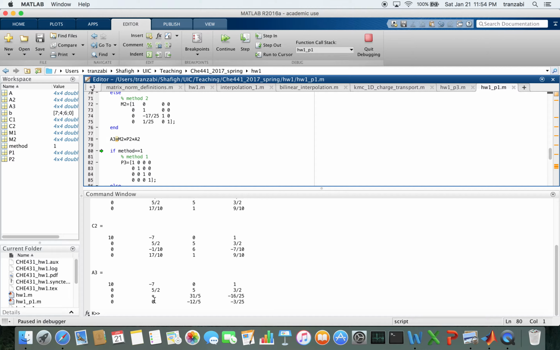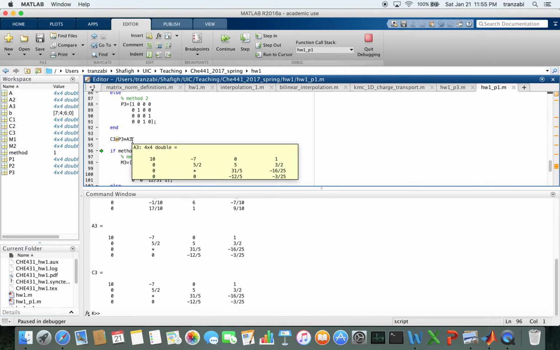Now we move on to the third column. We look for the maximum element, and fortunately the maximum element is sitting on the diagonal. So the next permutation matrix would be the identity matrix, as you can see here. Now when you multiply this identity matrix by the current A matrix, basically nothing changes because the permutation matrix is equal to identity.